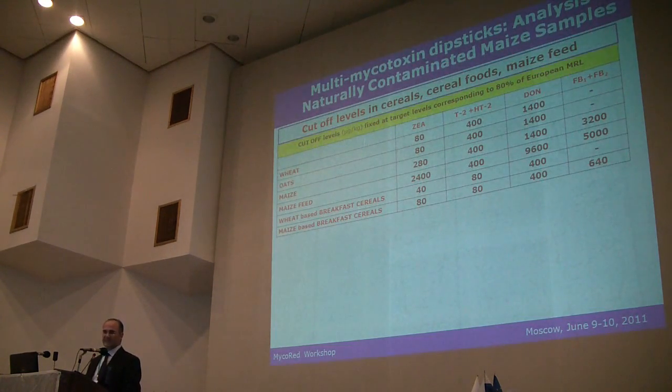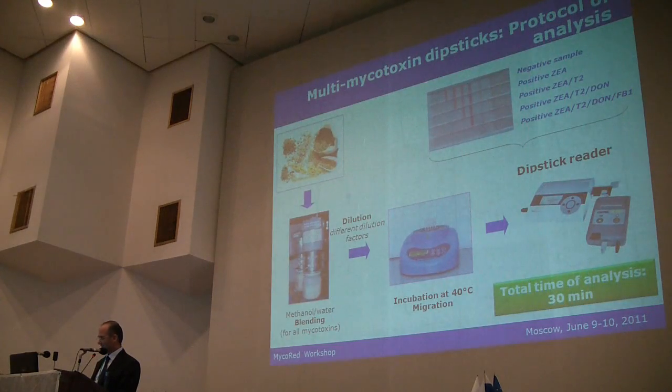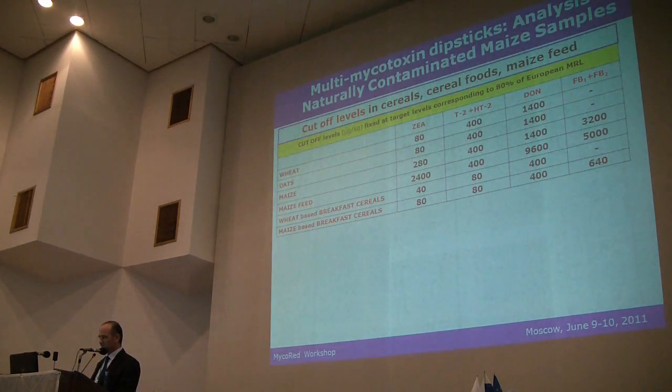The method is a semi-quantitative method. We have chosen a cutoff level, depending on the toxin, but also fixed at a target level corresponding to 80% of the European limit.